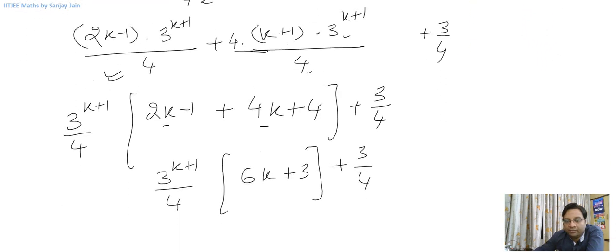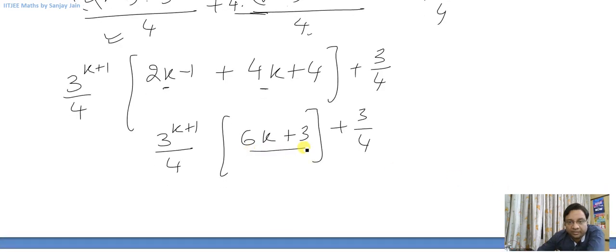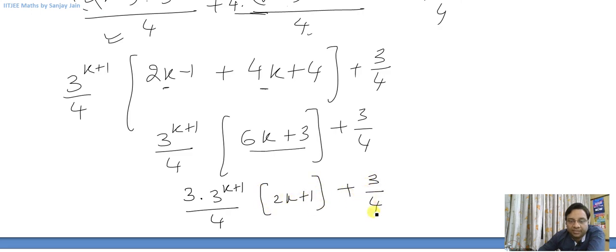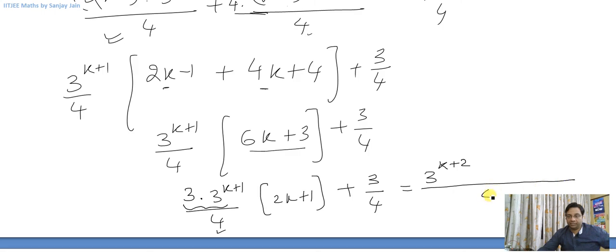So 2k plus 1 I can obtain from this if I take 3 as common, right? So if I take 3 outside from it, 3 into 3 raised to power k plus 1 divided by 4, I'll have 2k plus 1 here, and here I have 3 by 4. Now if you see, I require 3 raised to power k plus 2, and this is exactly the same. 3 into 3 raised to power k plus 1 is 3 raised to power k plus 2, and this 4 we will write in the entire expression in the denominator, so we don't have to worry about these two 4s.